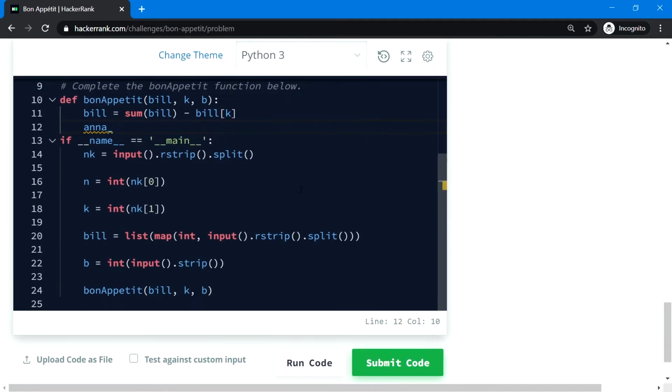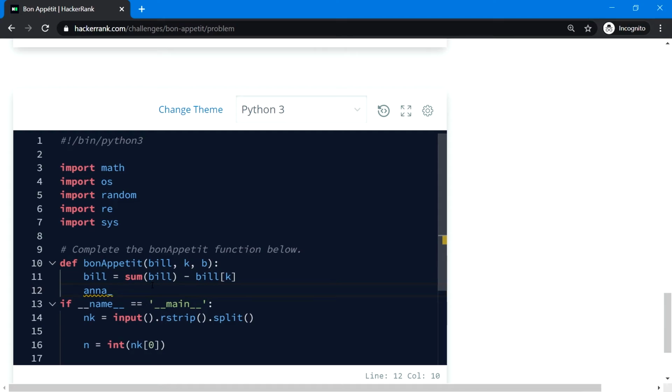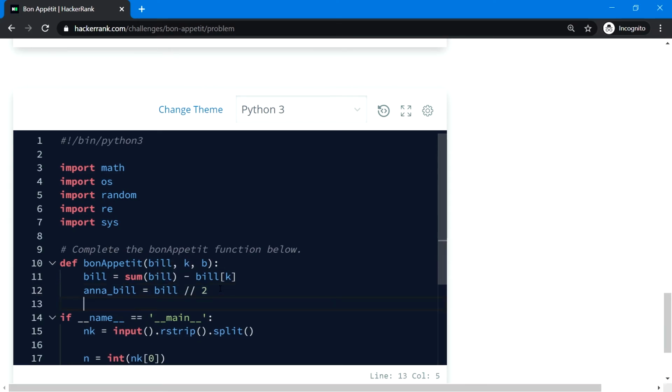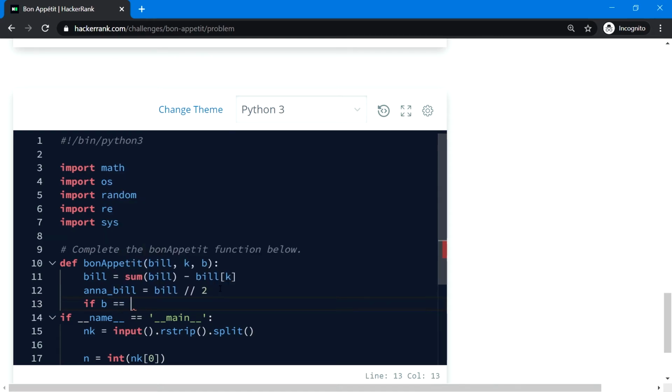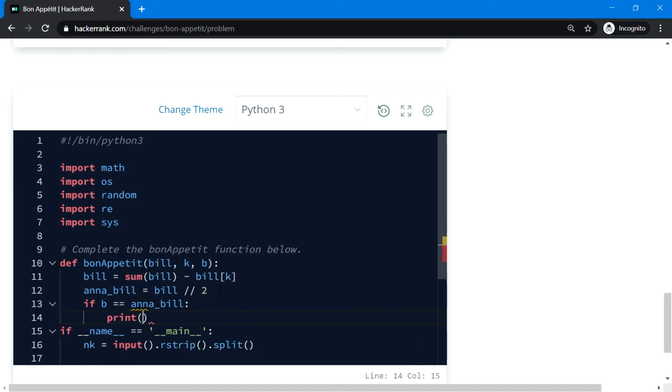So Anna's bill should equal the bill divided by 2, and we use the double division symbol so we get a floor. We don't want any floats or decimals. Now we check if b, the amount that Brian charged Anna, equals the correct amount we just calculated, then we just print Bon Appetit.